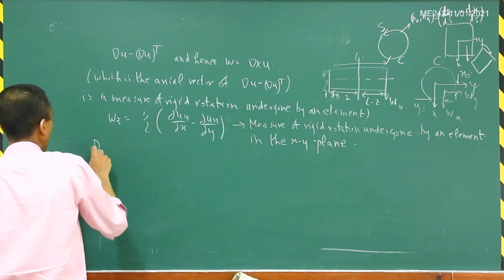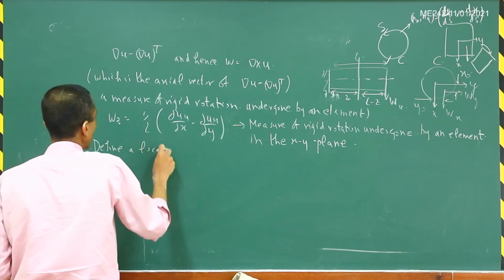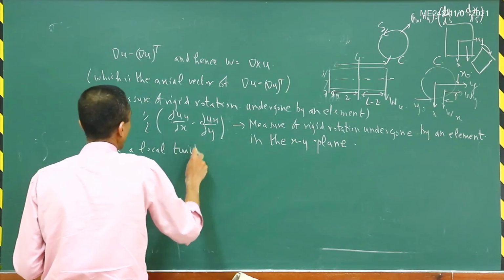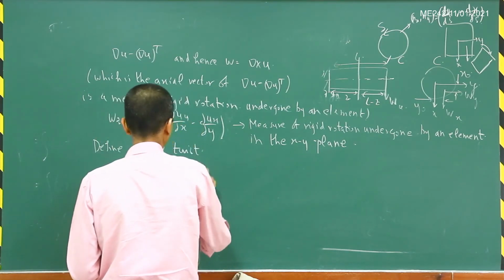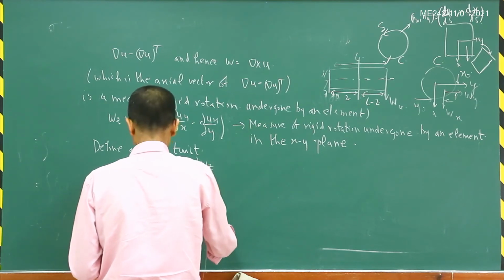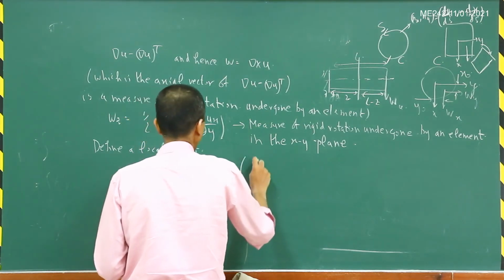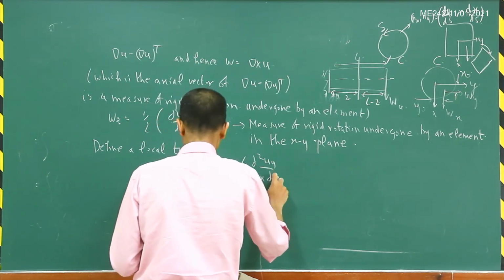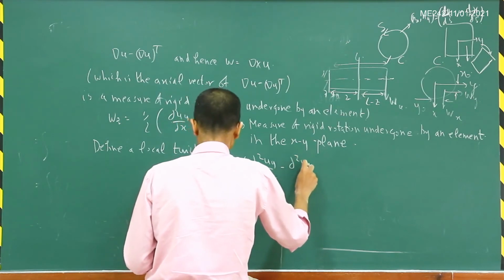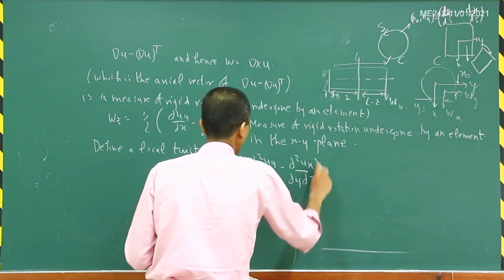And so we will define a local twist, which is del omega z by del z. So that is equal to half of del square u y by del x del z minus del square u x by del y del z.